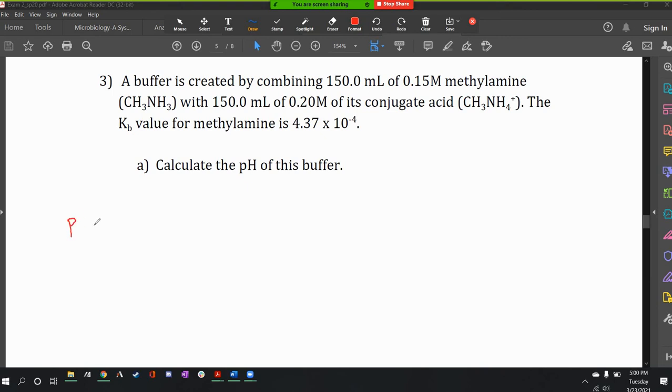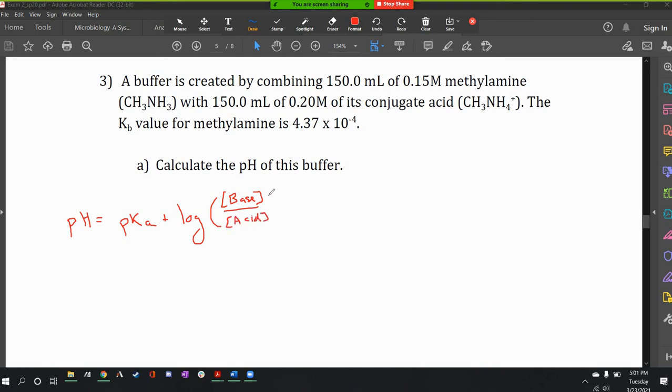Okay, so it looks like this. The pH of a buffer solution is equal to the pKa plus, I better double check this. I thought I had it memorized, but I'm pretty sure this is right. Plus the log of the concentration of base divided by the concentration of acid.